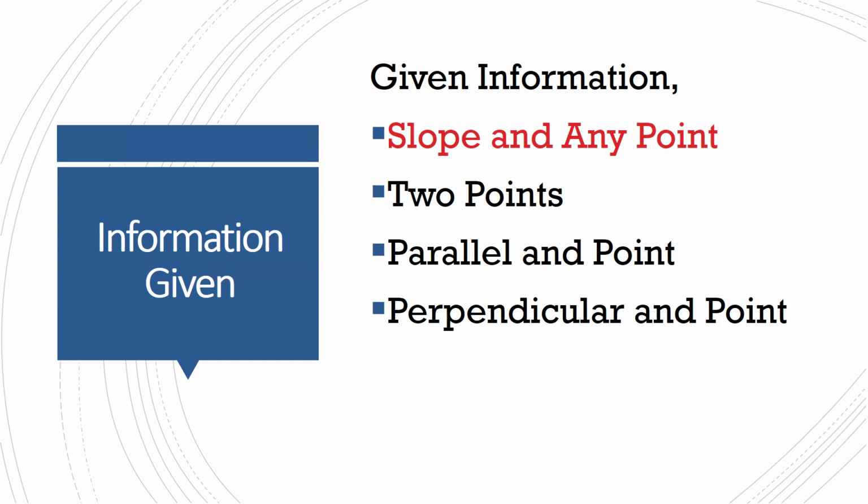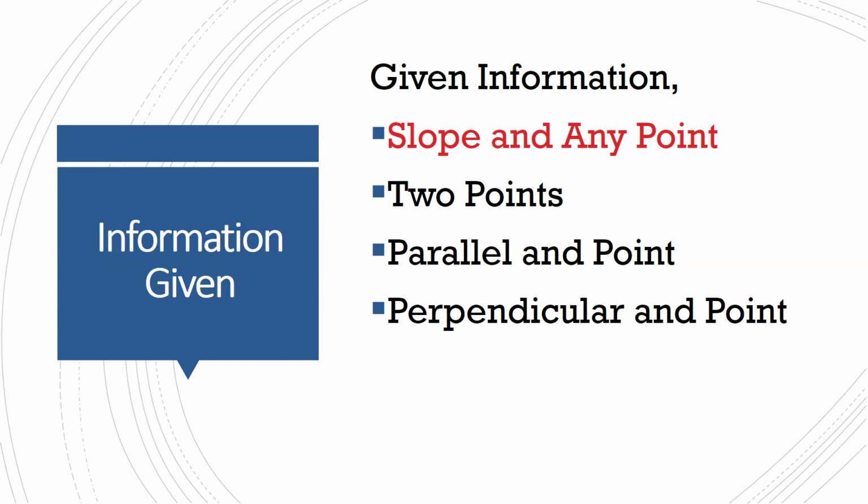But the types of information that I can be given vary depending on the problem. In this section, we are going to look at information where we have the slope of the line and any point on the line.